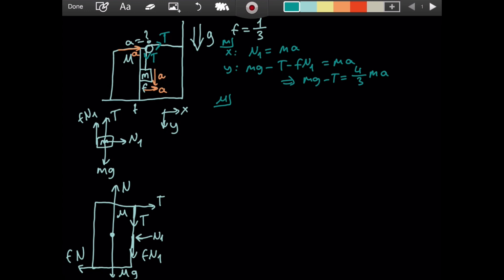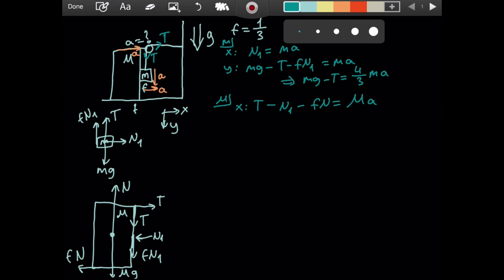For the x direction in the capital mass, we will have T minus N1 minus fN equaling Ma. And for the y direction, there won't be an acceleration in the y for capital mass, so the upward forces should balance the downward forces.